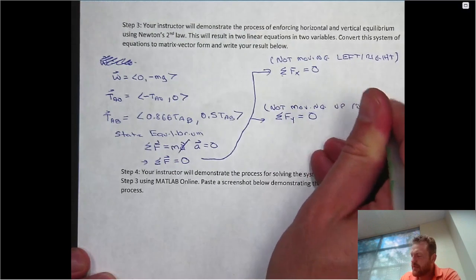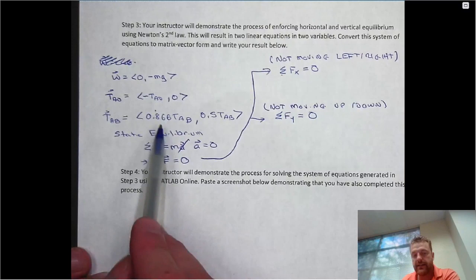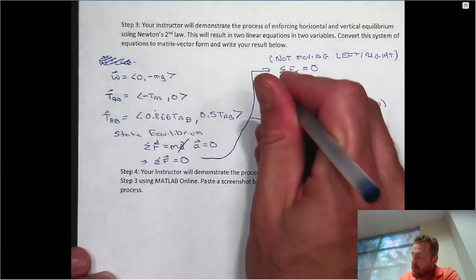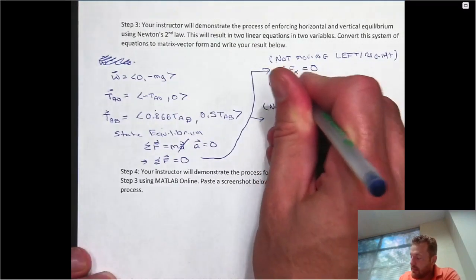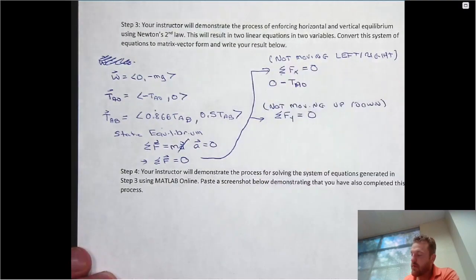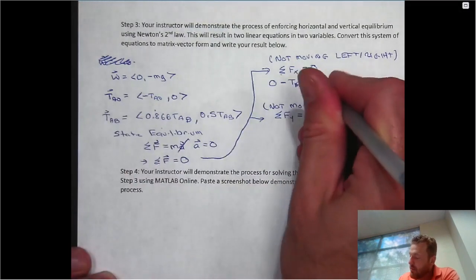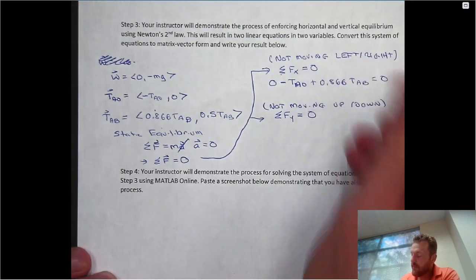So what are the actual forces acting in the x direction? Well, I have this written in rectangular form now, so I can just take all those three forces and write their sum together. 0 for the x component of the weight, minus TAD for the x component of the cable TAD, and then plus 0.866 TAB equals 0.